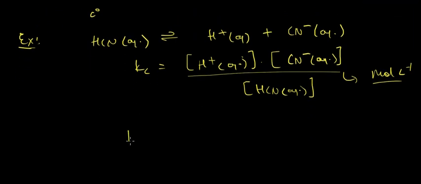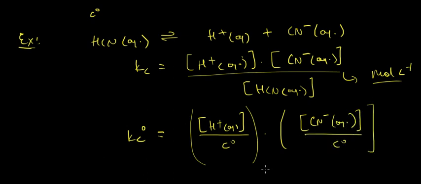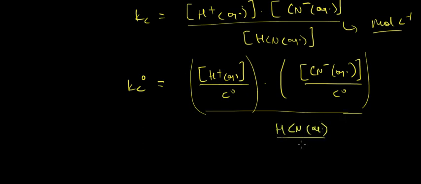And Kc naught would be concentration of H plus aqueous divided by C naught, multiplied with concentration of CN minus aqueous divided by C naught, divided by concentration of HCN aqueous divided by C naught.